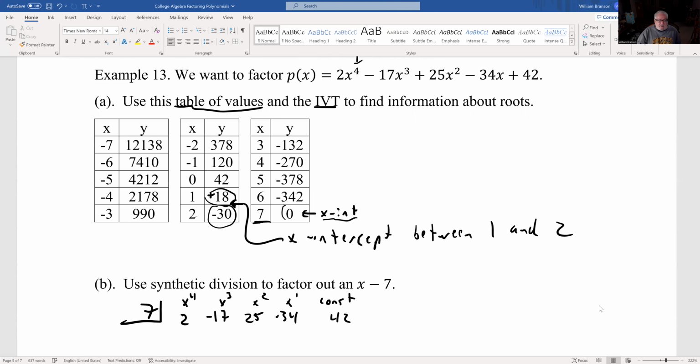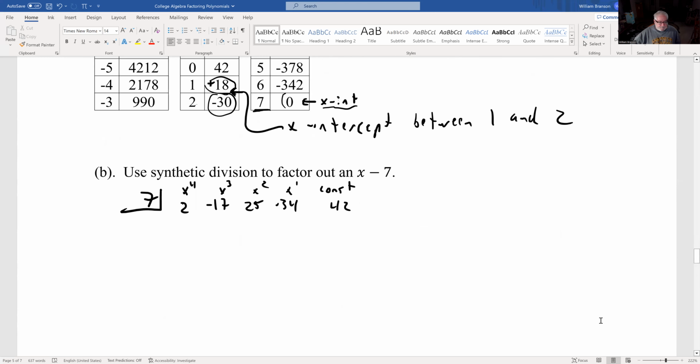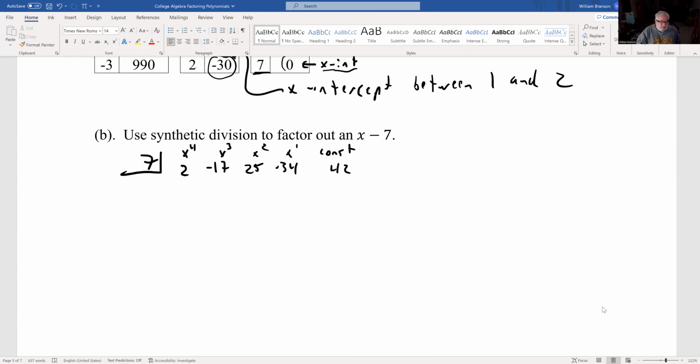And our x value is 7. After we do the synthetic division, we'll have an x cubed, an x squared, an x to the 1st, and a constant, and then a remainder. And we're really hoping that the remainder is 0, right? Because that's what we see in our table.